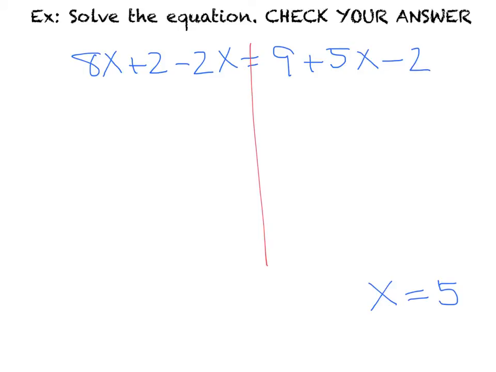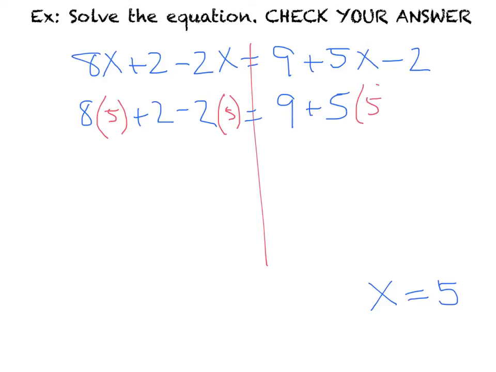So we'll go 8 times 5 plus 2 minus 2 times 5 equals 9 plus 5 times 5 minus 2.